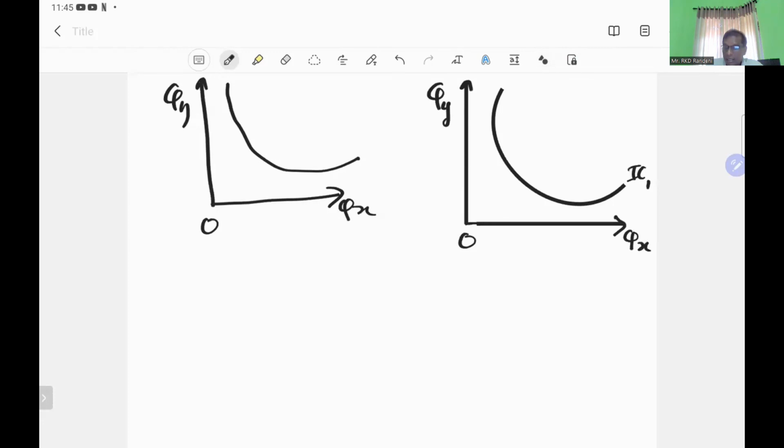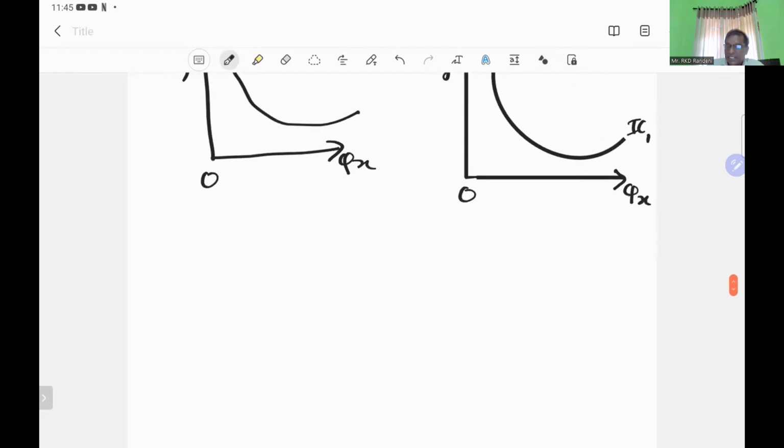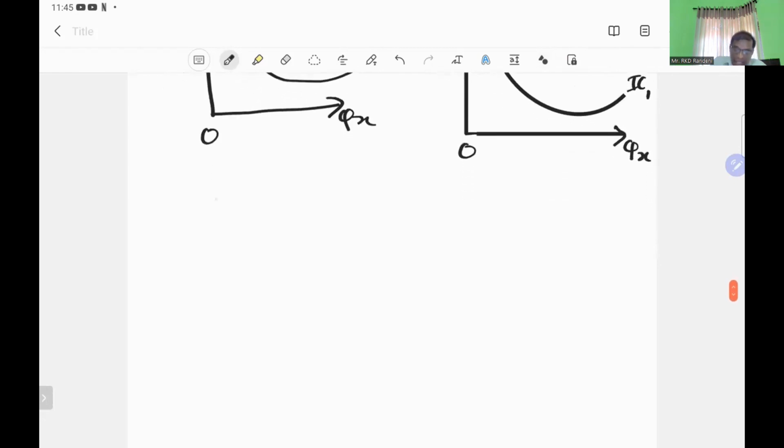This is one feature: convex to the origin. And left to right downwards, so I said it slopes downward to the right. Then quantity Y, quantity X, 0.